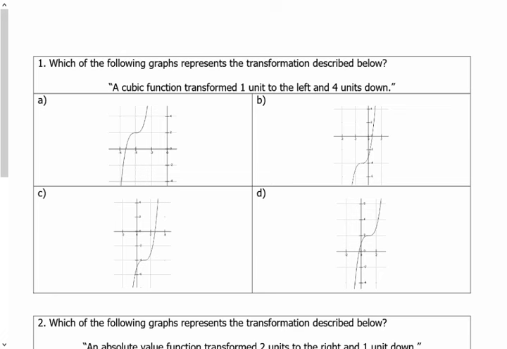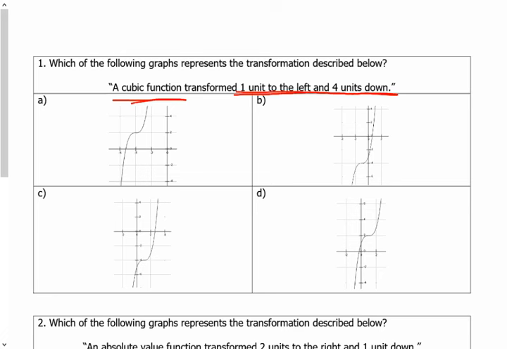Then what I'm going to want to do is actually start looking at transformations of this. So I'm going to give you a description, and you're going to have to draw or identify a transformation. You can see here which one of these is a cubic function, so I need to know the word cubic. And I need to see which one went 1 left and 4 down.